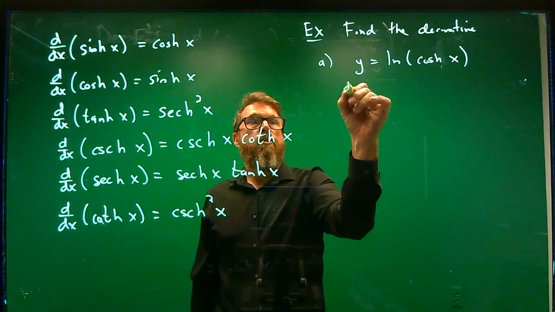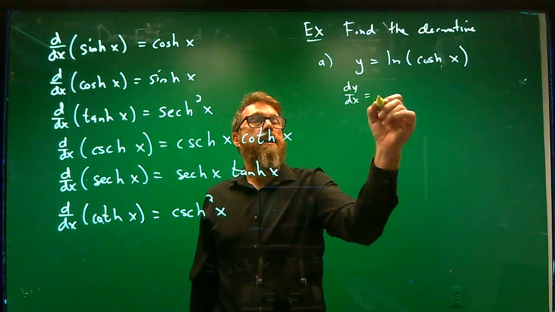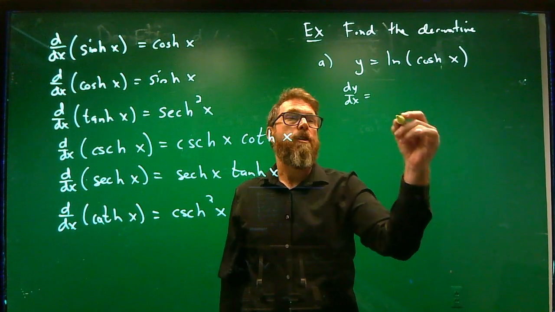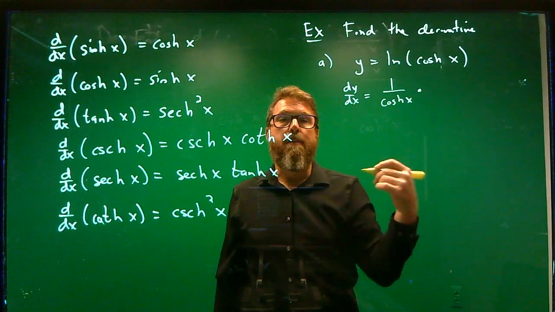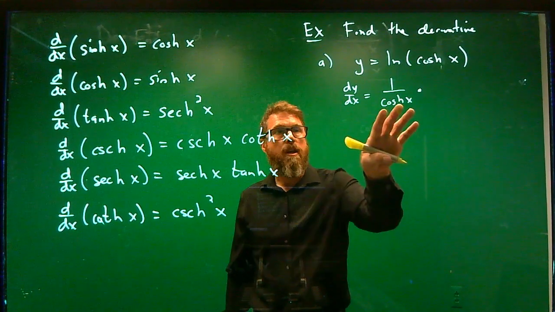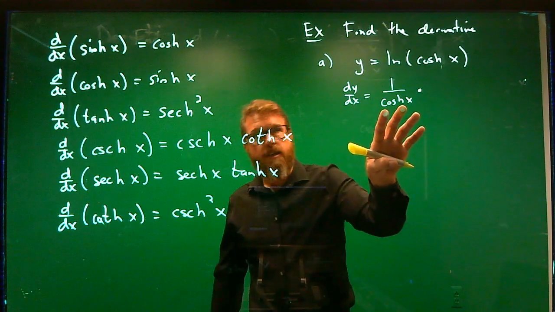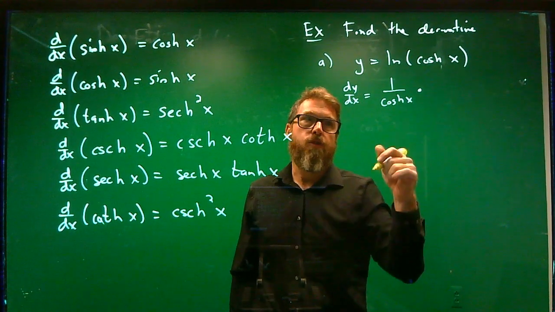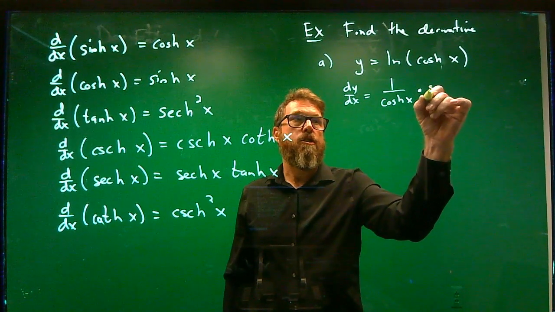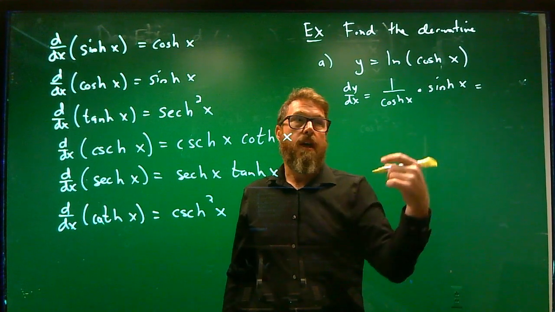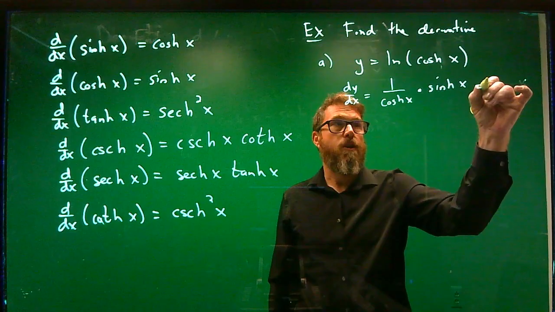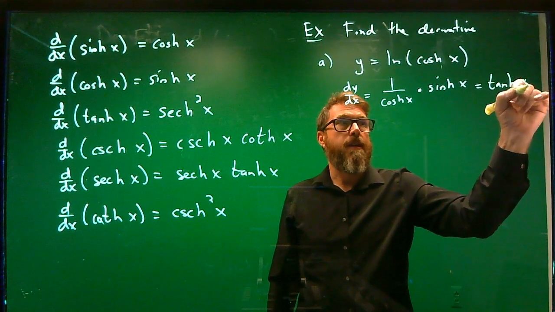So the derivative of y with respect to x is the derivative of the natural log expression first, which is 1 over what's inside, multiplied by the derivative of what's inside. So this is f prime of g of x multiplied by g prime of x, where g of x is the inside. This is going to be the hyperbolic sine of x over the hyperbolic cosine of x. So this is the hyperbolic tangent of x.